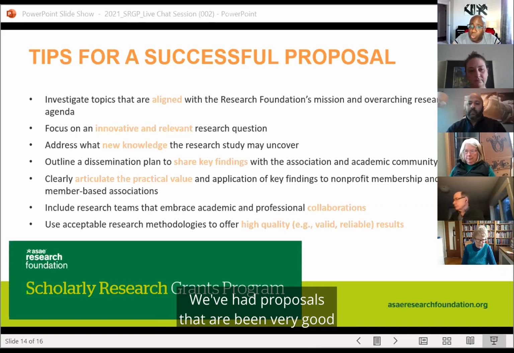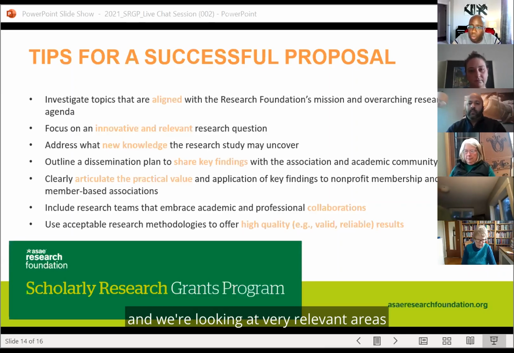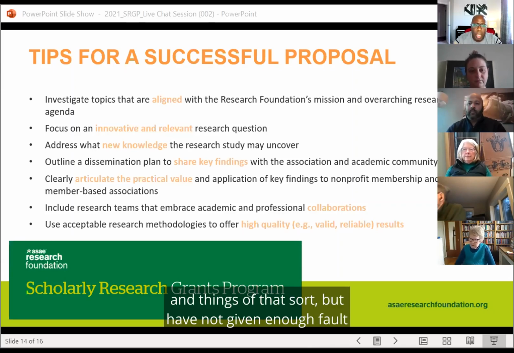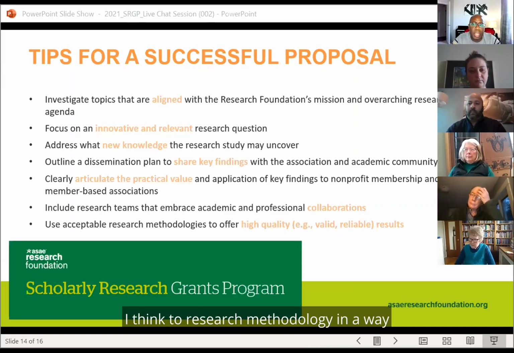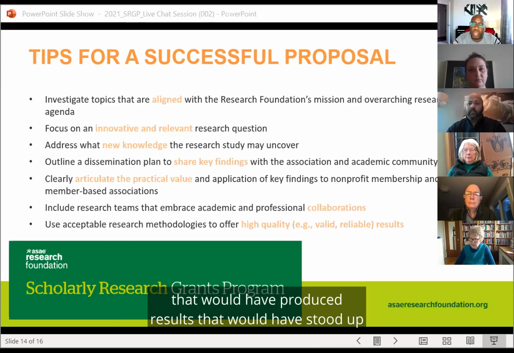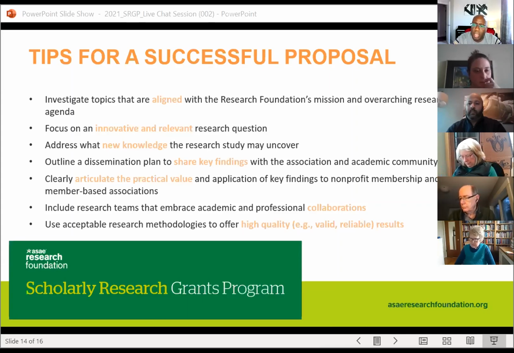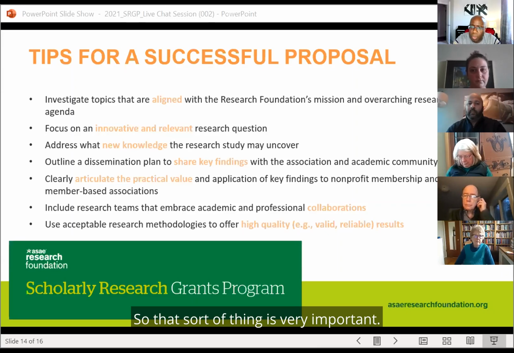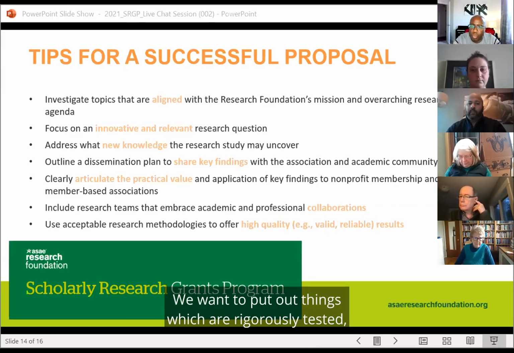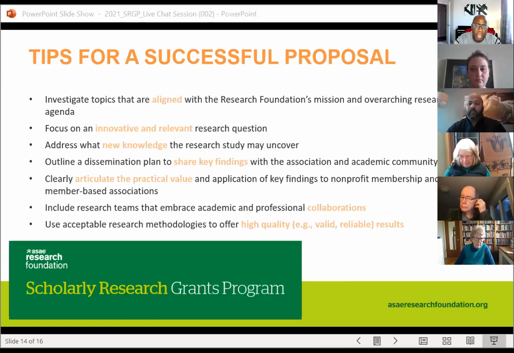We've had proposals that have been very good and were looking at very relevant areas, but had not given enough thought, I think, to research methodology in a way that would have produced results that would have stood up against tests of rigor, validity and reliability. So that sort of thing is very important. We want to put out things which are rigorously tested, that are solid, and that people can have confidence in.